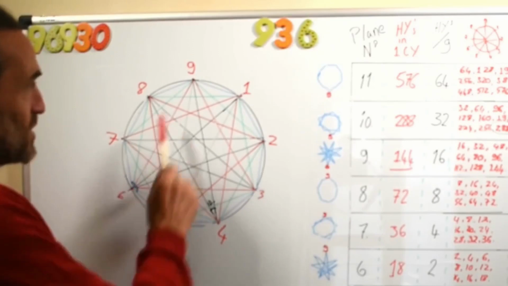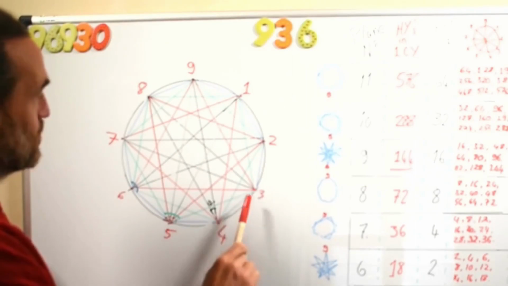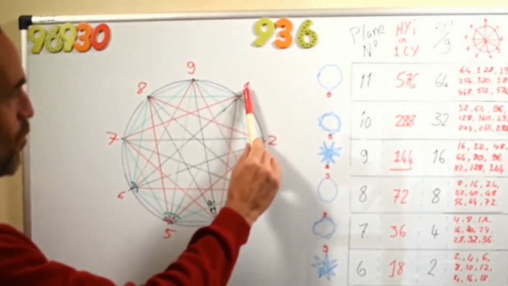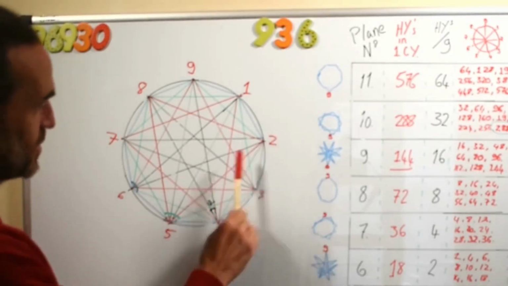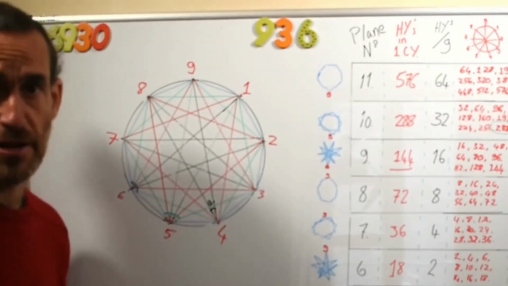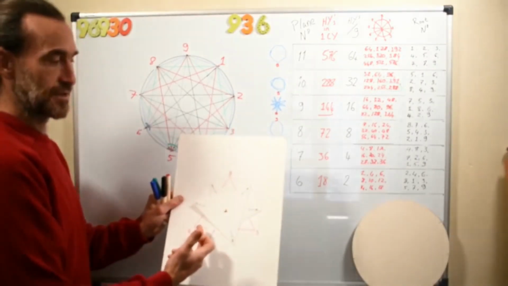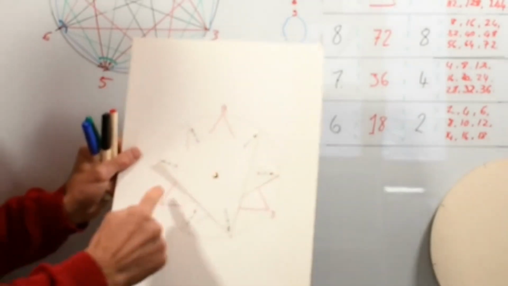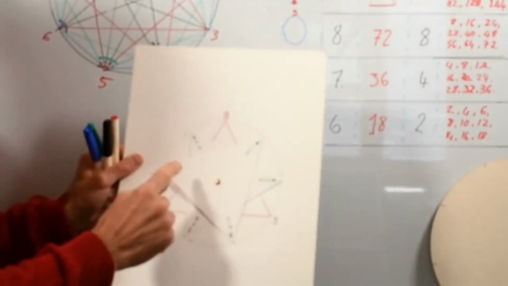So whilst this defines the 936 triangle, this equilateral triangle there, then we can also see that this equilateral triangle running in this direction is the 1, 4, 7 equilateral triangle, whilst the other equilateral triangle is the 2, 5, 8 equilateral triangle. So that's also a key step to having the 3 equilateral triangles separated out into the 3, 6, 9 triangle, the 4, 1, 7 and the 2, 5, 8 triangles.